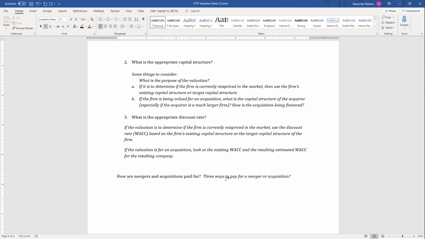You're trading something of value for the value of that firm, and the firm is being acquired from the stockholders. Okay. The first way is cash only. Cash only generally provides the best results.